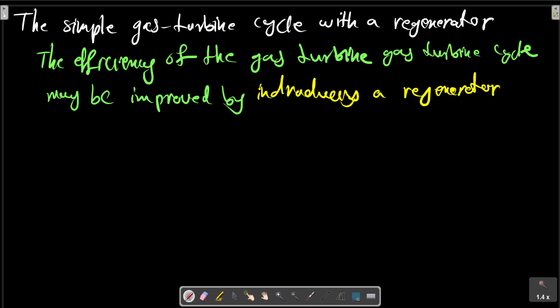A simple open-cycle gas turbine cycle with a regenerator is shown in the picture provided here.